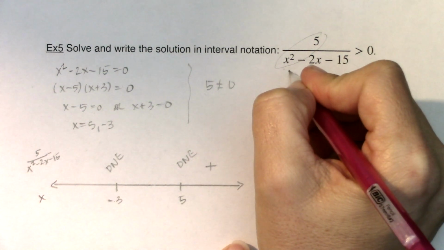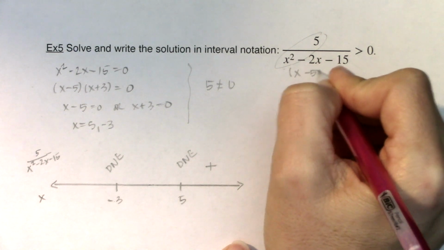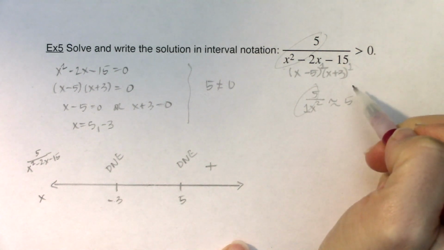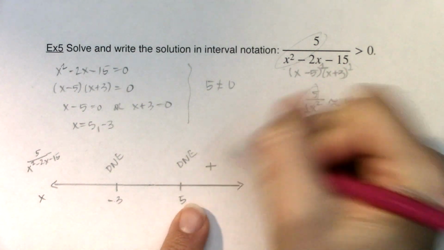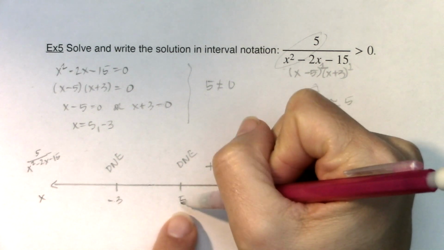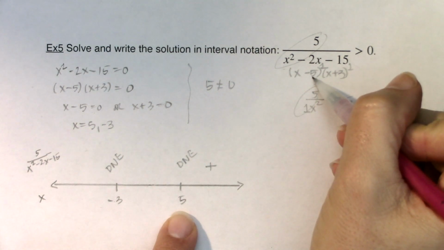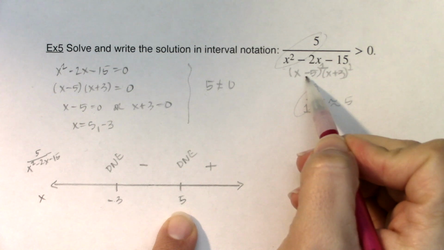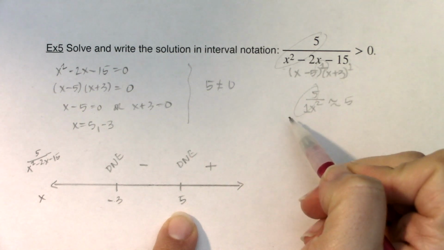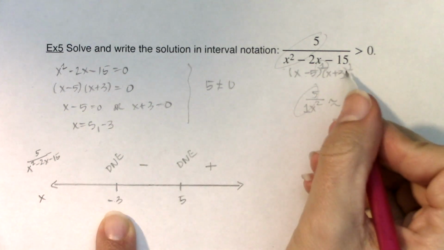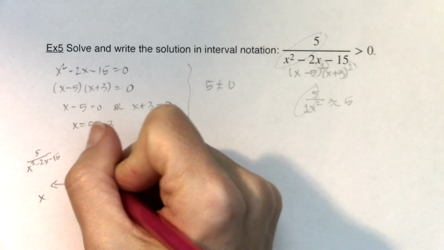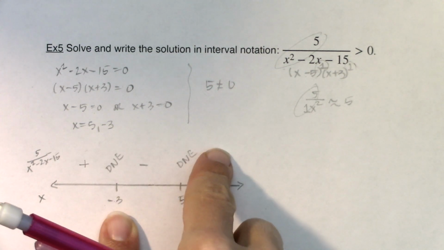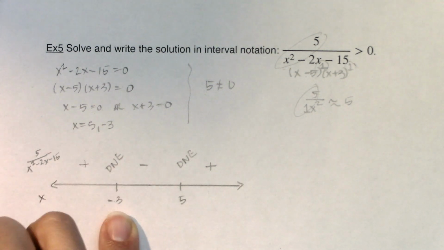Then the factors on this denominator, x minus 5 and x plus 3, are both raised to an odd degree. And we've just learned that when you're dealing with sign patterns, if you work around a value of x that comes from a factor whose degree is odd, the sign is going to alternate. So since 5 came from x minus 5 with an odd exponent, it's going to alternate. Negative 3 comes from x plus 3, it's got an odd exponent, so it's going to alternate sign. That's just a different way of getting plus minus plus, but I also could have plugged in test points and figured that out.